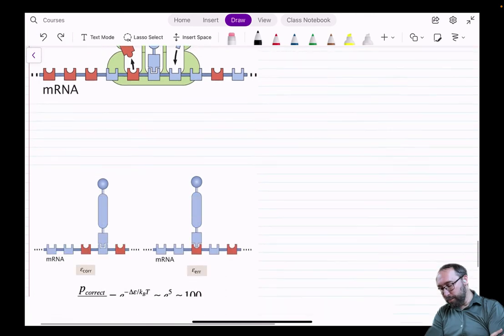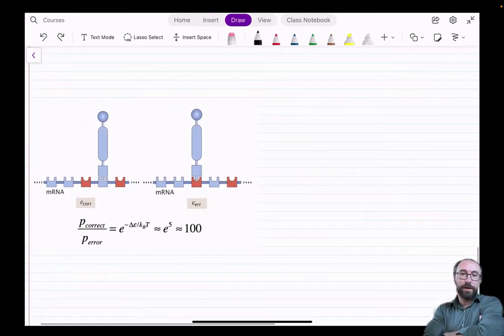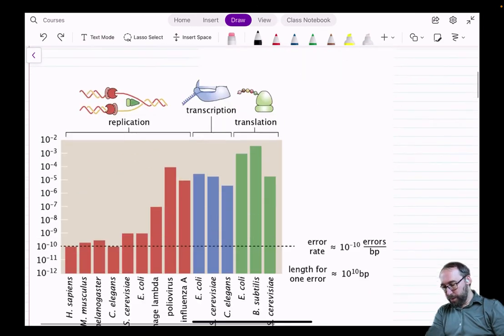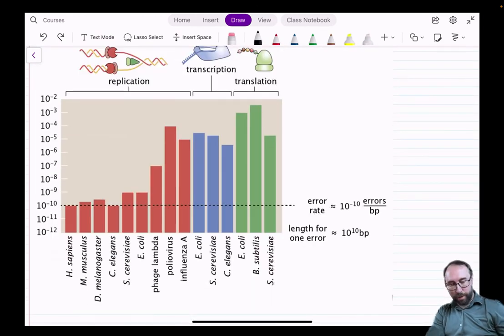When you do a simple model based on statistical mechanics, asking how often translation should screw up, because you get either 3 or 2 hydrogen bonds in the incorporation of a new amino acid, you expect that the error rate should be 1 in 10 or 1 in 100. But actually, if we go up here, you see that the error in translation is a lot lower, sorry. We're talking about 10 to the minus 5 or so.